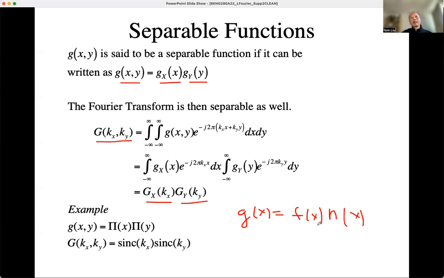In this case, they both have x's. So it's not x and y, and this would not apply because these are both x. In this case, we'll see later, we're going to have to use the convolution theorem. So this is not separable because it's x here and x here. This theorem only applies if you can write it as a function of x and a function of y.